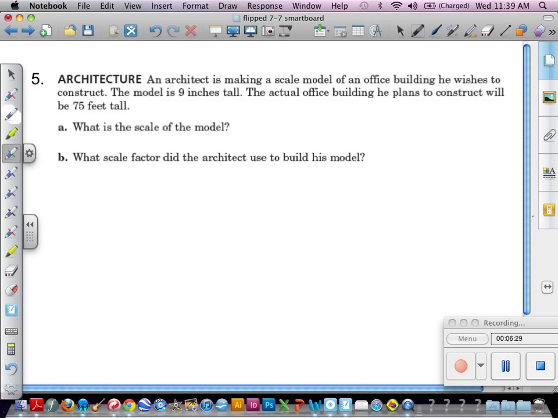So you're going to take the model, which is 9 inches, over the original, which is 75 feet. And again, you're going to reduce that. So I'm dividing everything by 3 here. And so I'm going to get 3 inches over 25 feet.